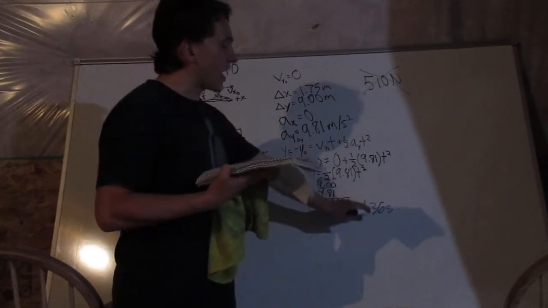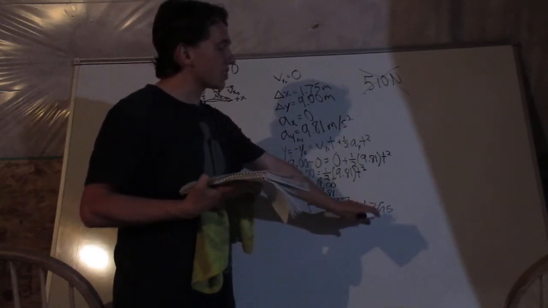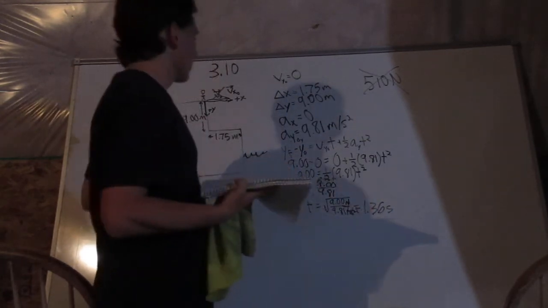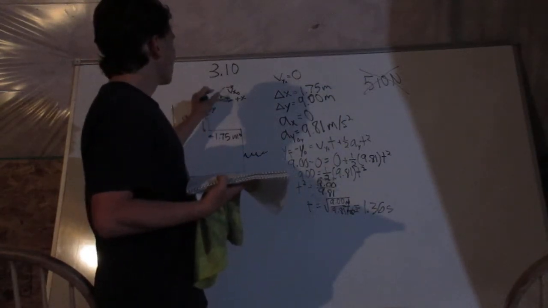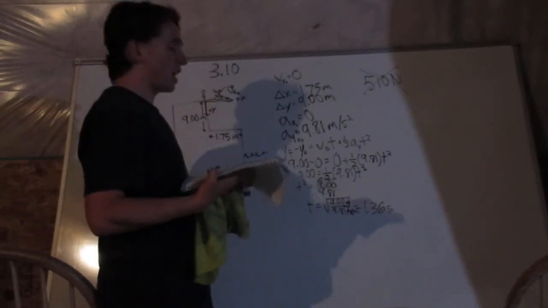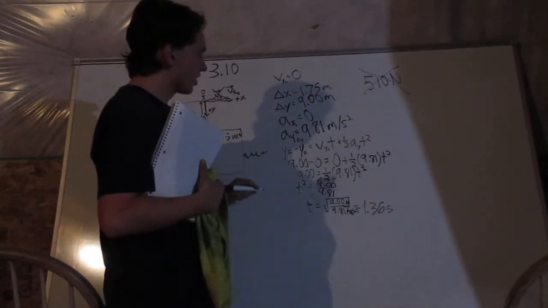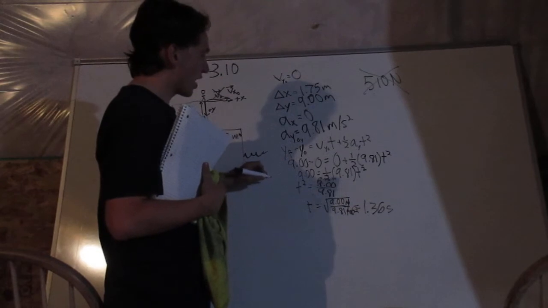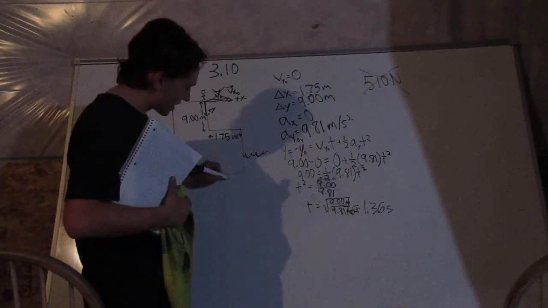Now that we have the time, we can use this time to find this initial velocity in the x direction, which is what we want. We're going to use the same equation, but instead of with respect to y, we're going to do it with respect to x.